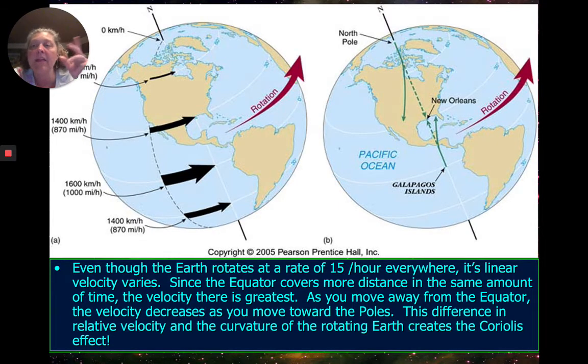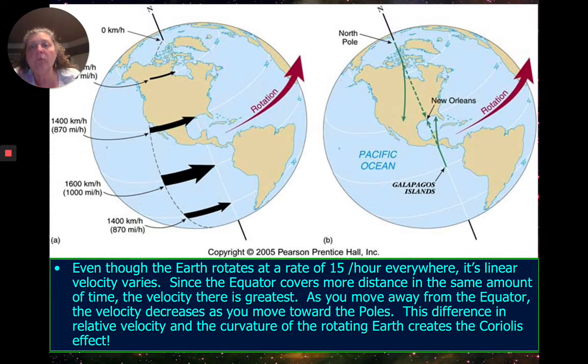We have studied that. It's 360 degrees in 24 hours, so we get 15 degrees per hour. That's the angular rate of rotation. It doesn't matter where you're standing on Earth, every place rotates at 15 angular degrees per hour. However, that's angular distance, not linear distance.